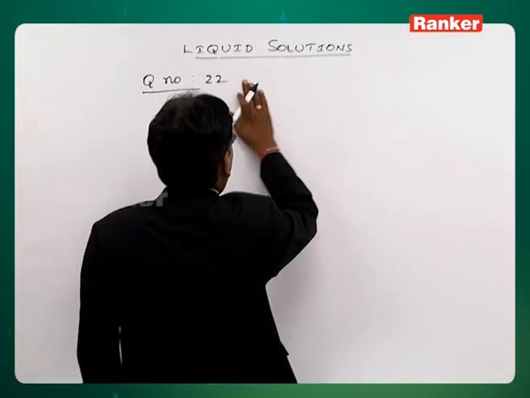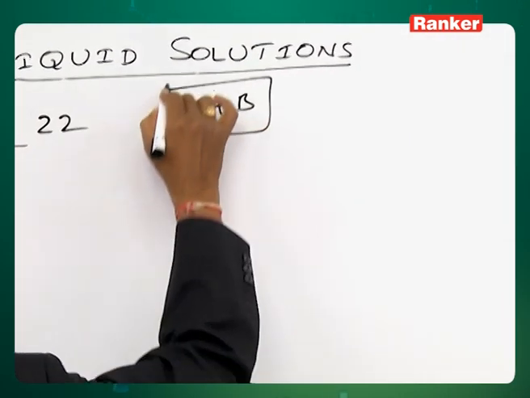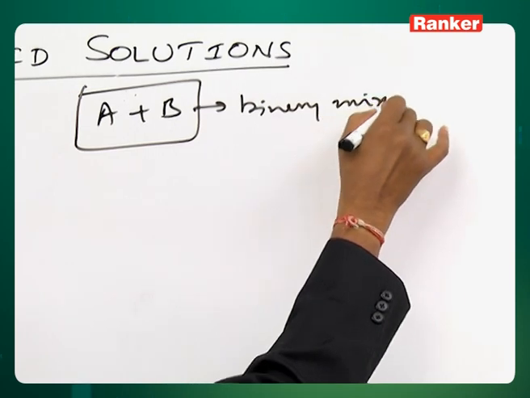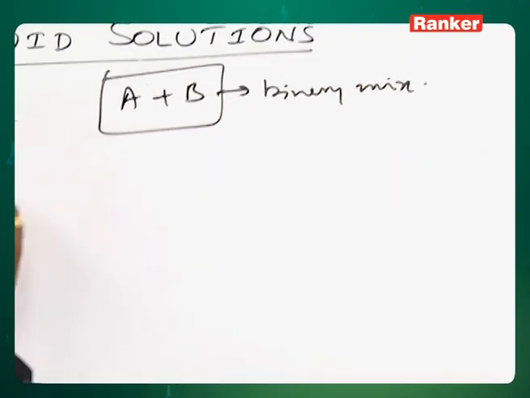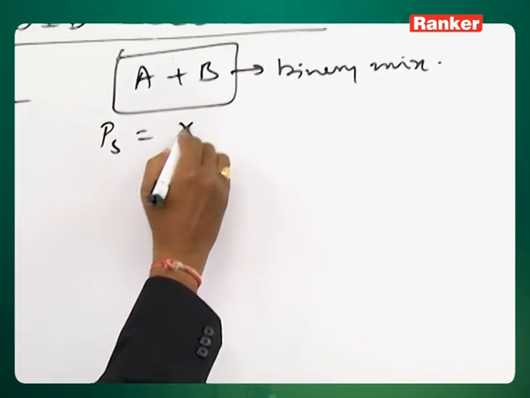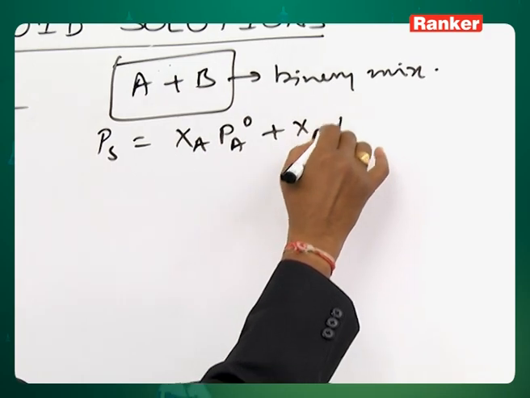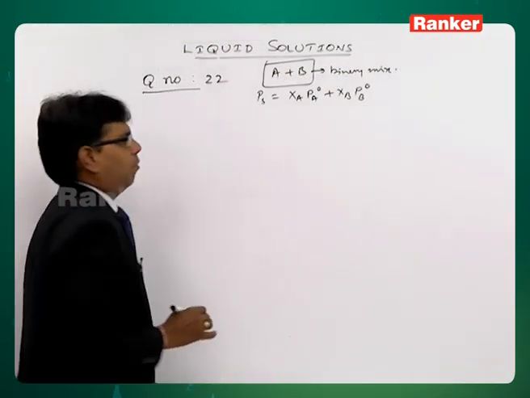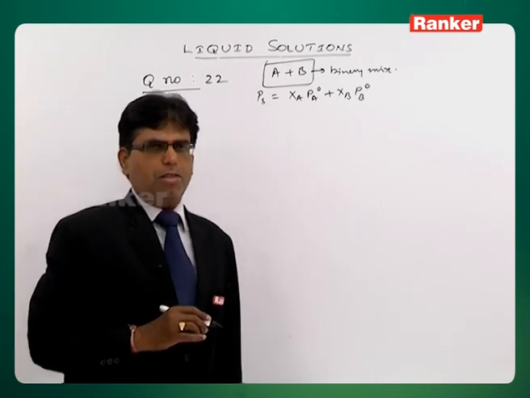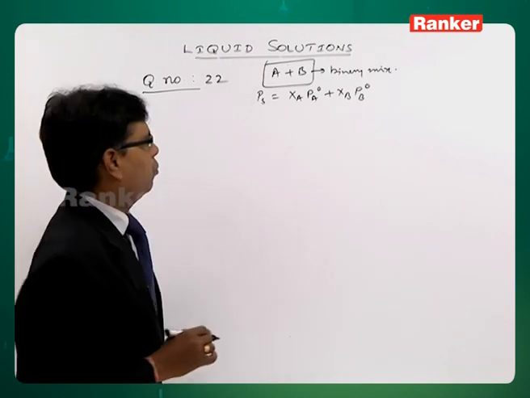Basically, when we take two liquids A and B, a binary mixture, we know that the vapor pressure of the solution Ps is equal to XA Pa naught plus XB Pb naught, where XA and XB are mole fractions of A and B in the liquid phase, and Pa naught and Pb naught are their vapor pressures as pure solvents.